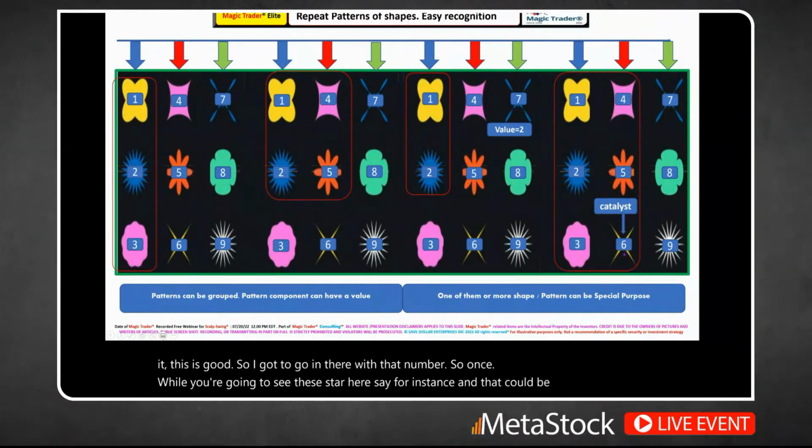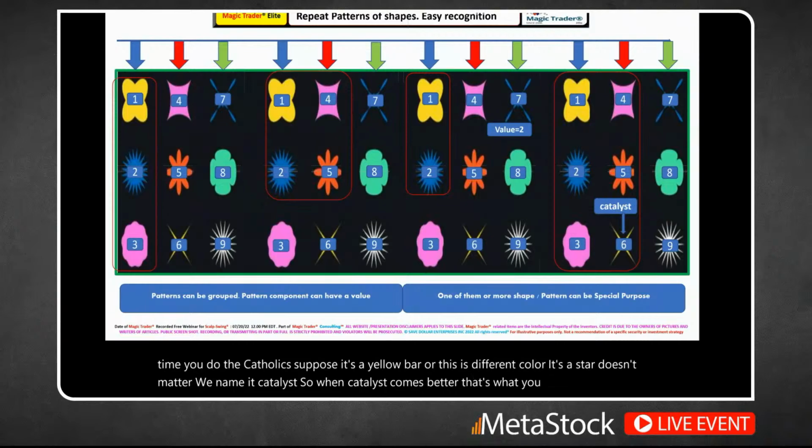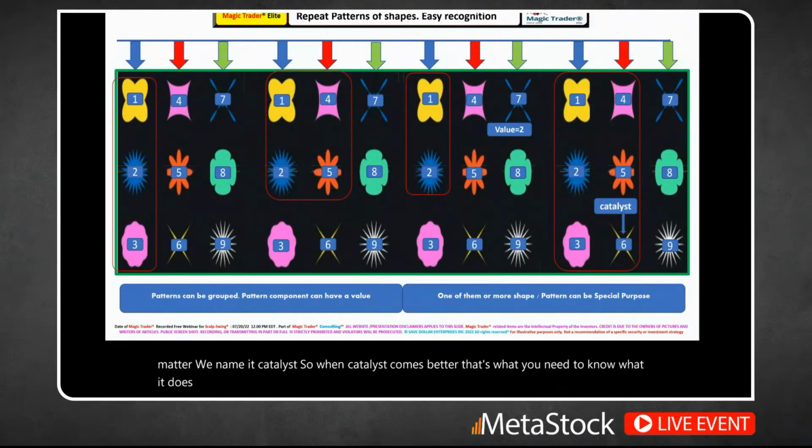Suppose it's a yellow bar or a different color, or a star, doesn't matter. We name it catalyst. So when the catalyst comes, it's better. That's what you need to know. What it does inside, who cares? As long as it shows on a chart, I'm pulling the trigger with 1, 2, 3 numbers, something like that.